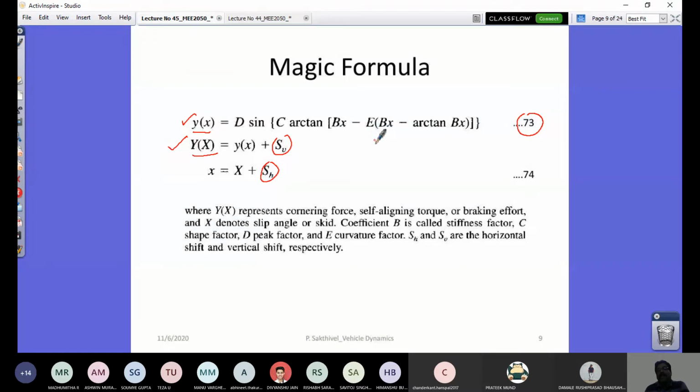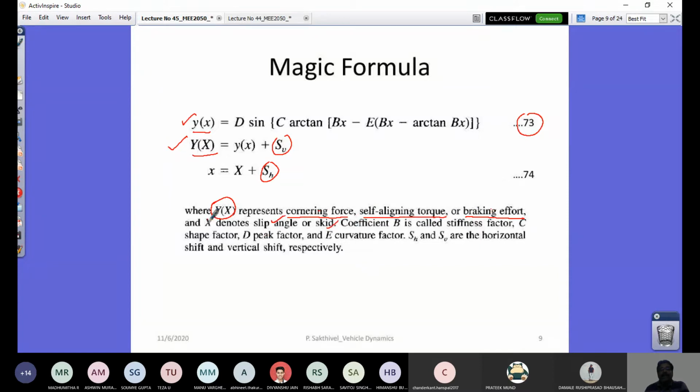It's a formula for an experimental data fit, such that this F of y alone can represent three parameters. It can represent a cornering force, or a variation of self-aligning torque, or a braking effort, as a function of slip angle for cornering force and self-aligning torque, and skid for braking effort.